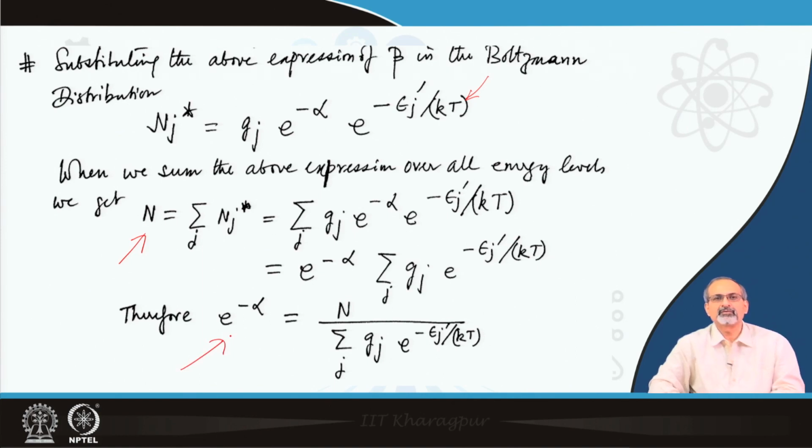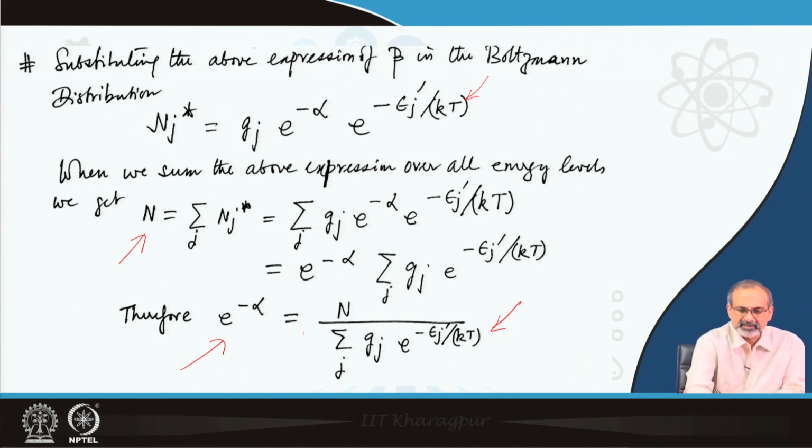So, e to the power of minus alpha is given by this expression. If you are interested to find a more direct expression for alpha, you need to take a logarithm of this expression, and then you should be able to do that. The other advantage is that now you can substitute this expression in Nj star.